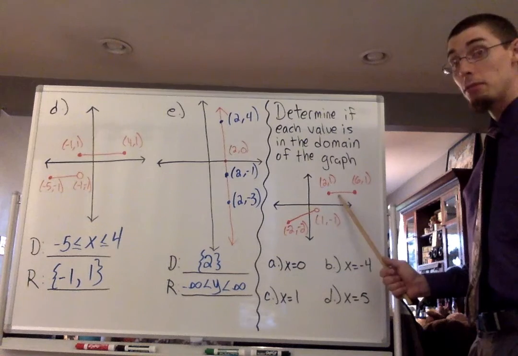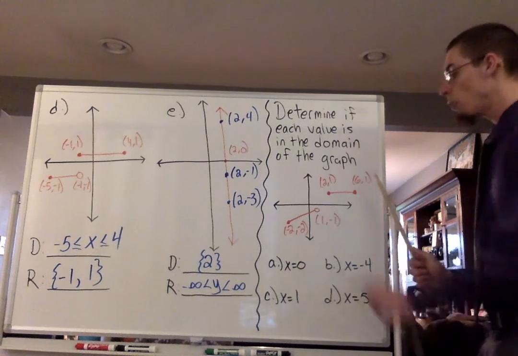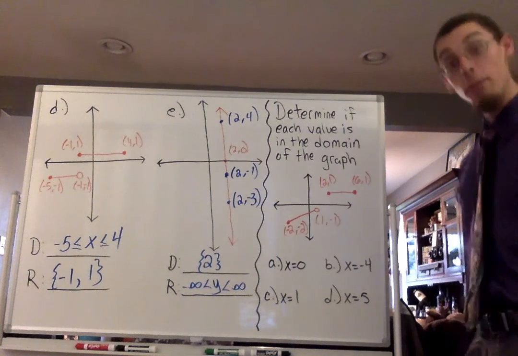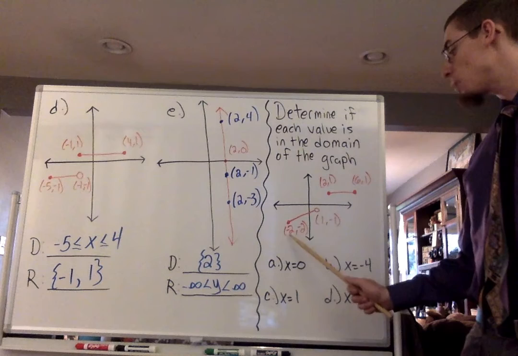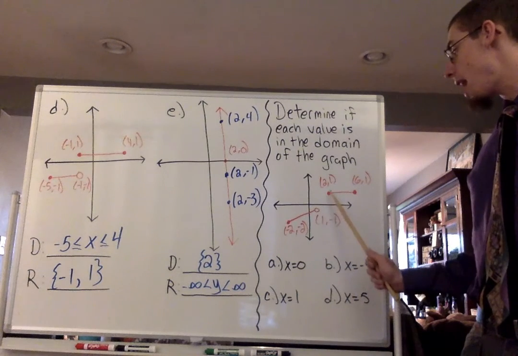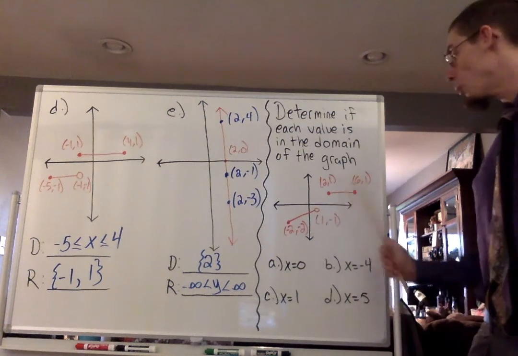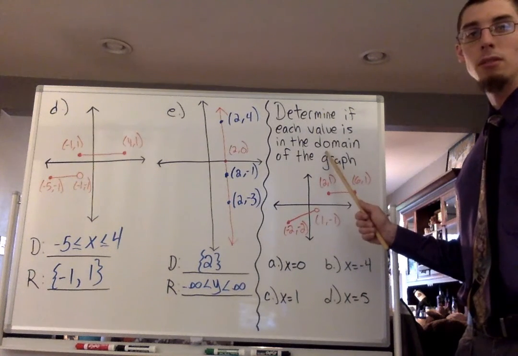This part goes from 2 to 6, so it represents everything between 2 and 6, right? So everything between -2 and 1, everything between 2 and 6. I'm ignoring the y values because right now I'm only talking about domain, which is x.